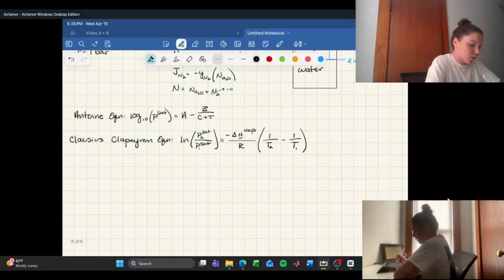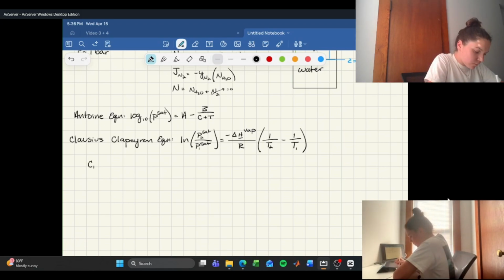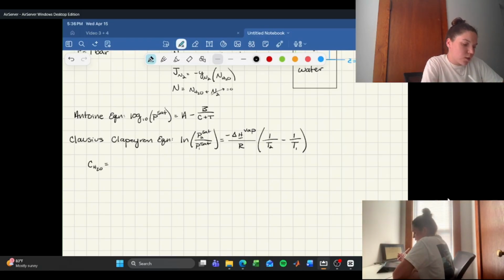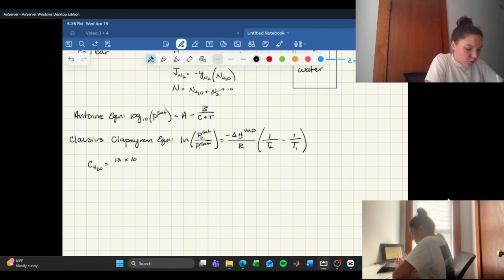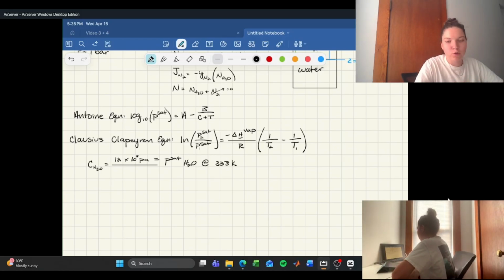Okay, so if I'm trying to find the concentration of water, it's going to be equal to the saturated pressure, which I'm not going to calculate, but it's going to be 12 times 10 to the third pascals over the, oh, well, this is the saturated pressure of water, specifically at 323 Kelvin that we were given before.